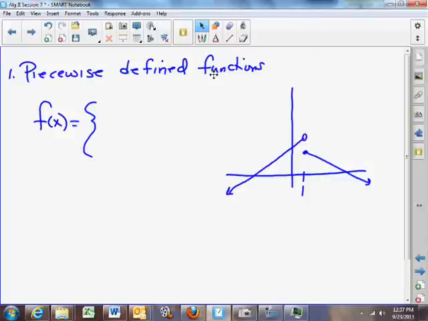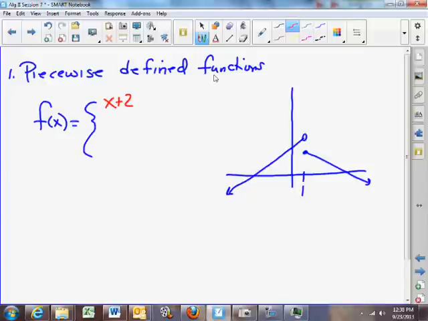What we do then is we give two or more rules, and then we tell you when to use those rules. For example, we might say f of x will be equal to x plus 2 if x is less than 1, and f of x might be equal to negative x plus 2 if x is greater than or equal to 1.